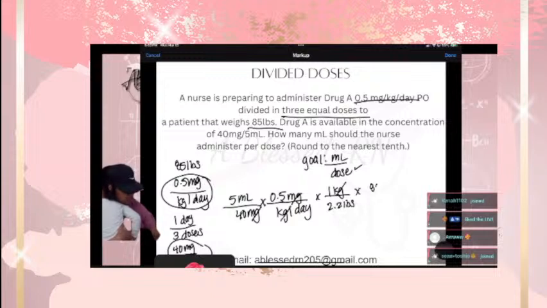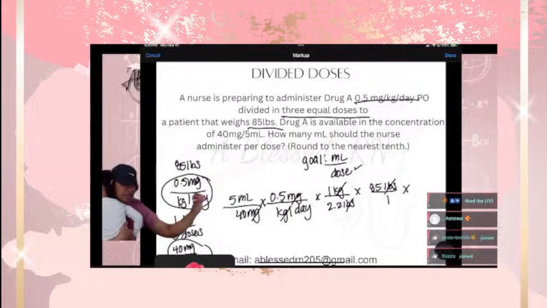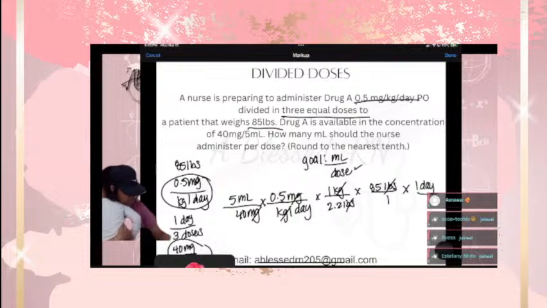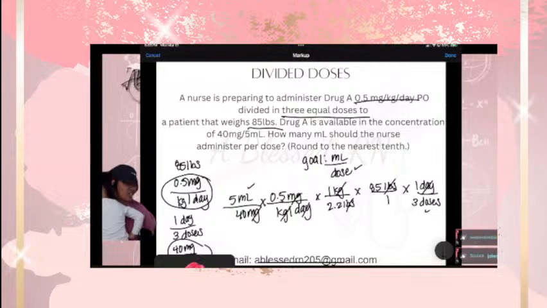And we'll put our patient's weight, which is 85 pounds. Okay, and now we've got milliliters per day. We've got to have day on the top so that it'll cross out, and we'll have dose on the bottom, okay? So 1 day is 3 doses. Hey, Stephanie, how are you? So we'll cross out day, and we have milliliter per dose. All right, and that's what our goal is.